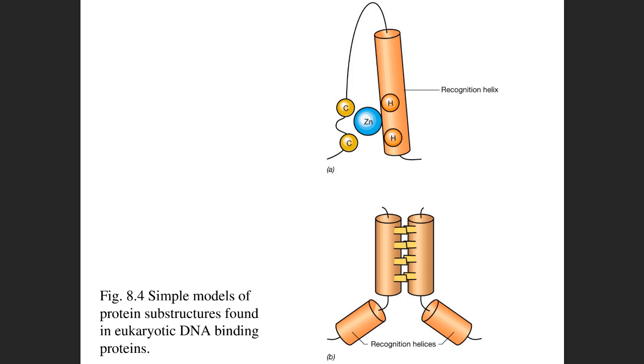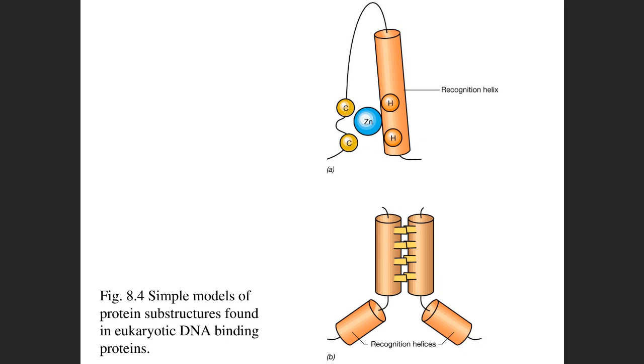It's a very common structure that you have two copies of an identical protein, and you get them together. This is a dimer, dimerized, and now you have two recognition helices, and this is what the lac repressor is.